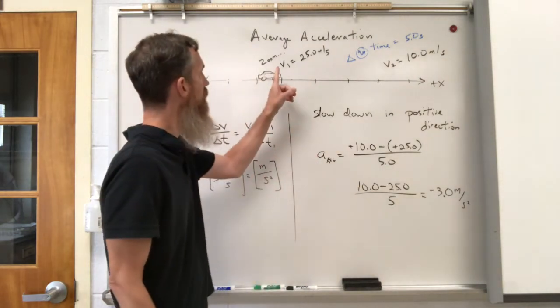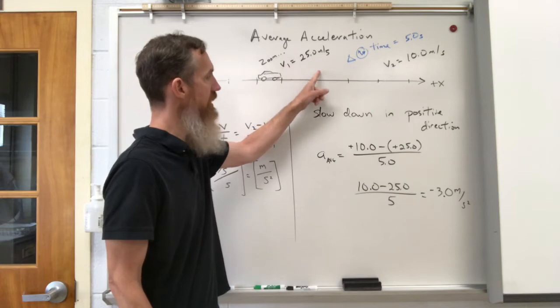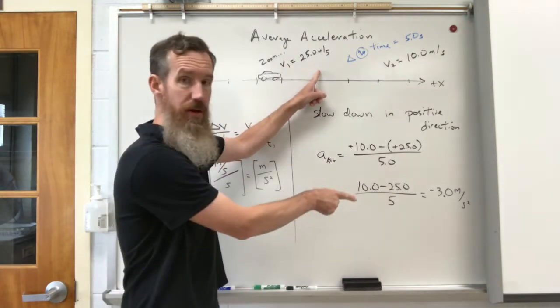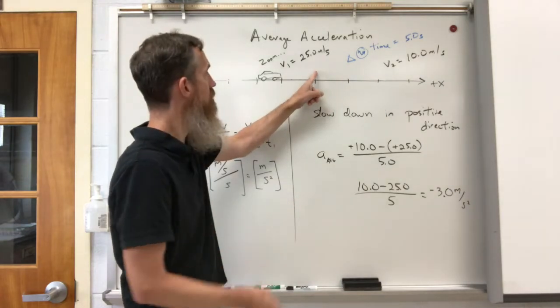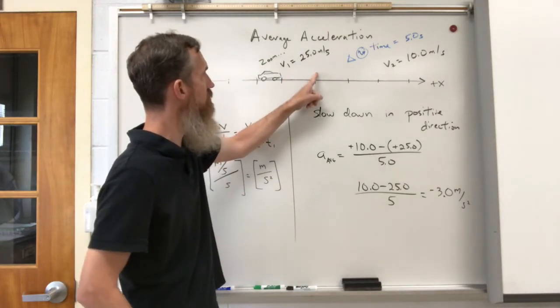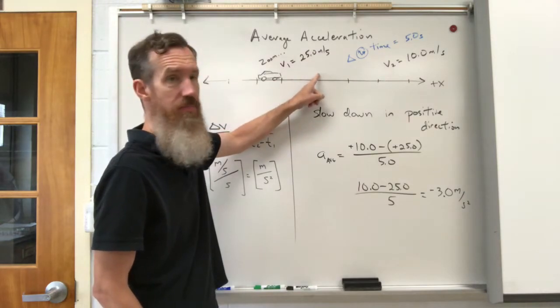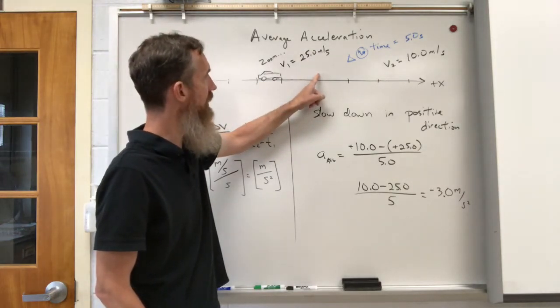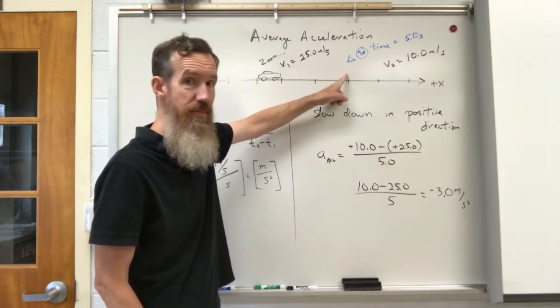So that means you're at 25 meters a second at 0 seconds. After 1 second, you will have slowed down 3 meters a second. 3 meters per second it's changing. So after 1 second, you're down to 22 meters per second, because 25 minus 3 is 22. And then the next second, you'll be down to 19 meters a second, because 22 minus 3 is 19.